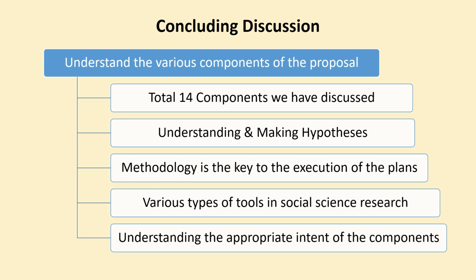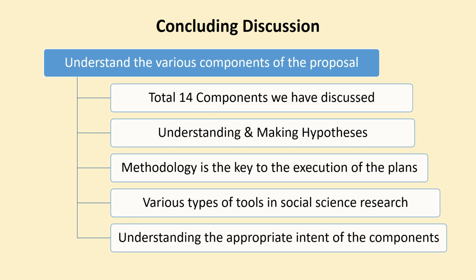Next is understanding and making hypothesis. Very important, especially for quantitative study. Those researchers who are going to work in the field of quantitative study, please be very clear about the types of hypothesis, what a hypothesis is, and how you are going to make a hypothesis out of your research idea, because it gives clarity to the person concerned about what you are actually going to test in your research.